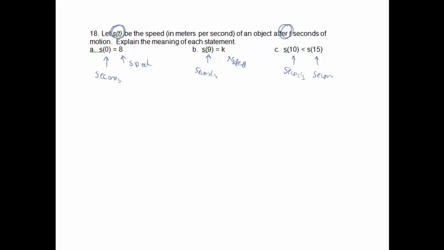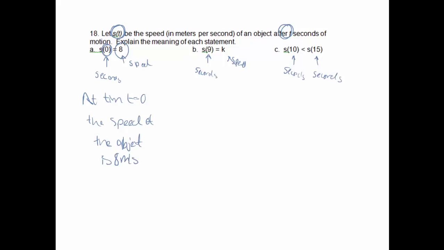So as we try to interpret this, this would be after 0 seconds, or before I start, the speed of the object is 8 meters per second. So I'm just going to say at time t equals 0, the speed of the object is 8 meters per second.